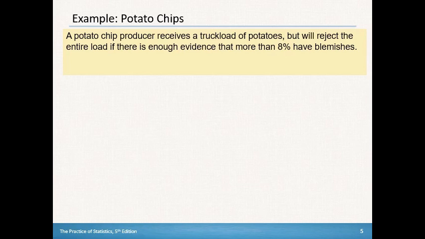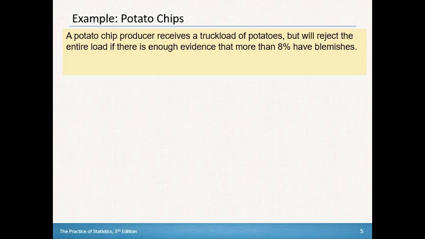All right, so again, here you have the entire question on your paper, but here I've hidden part of the question so that we can come up with our null and alternative hypotheses without having looked at the sample. So what are we scared of here? Are we scared of truckloads having blemish rates less than 8%? Or are we scared of truckloads that have blemish rates above 8%?